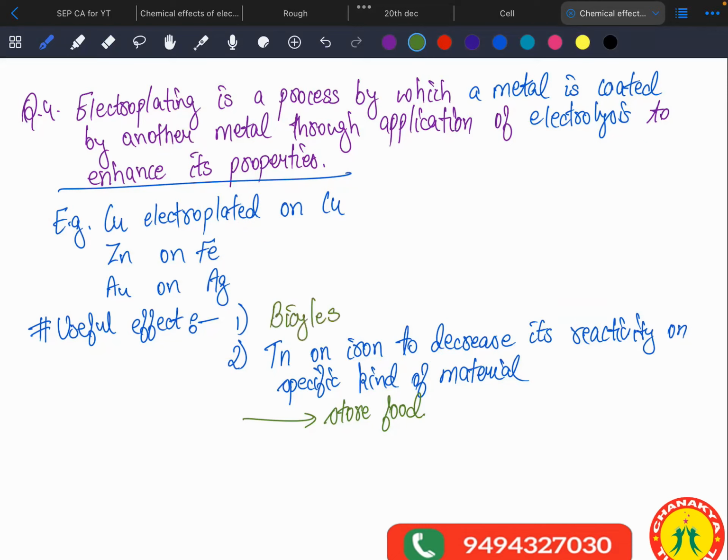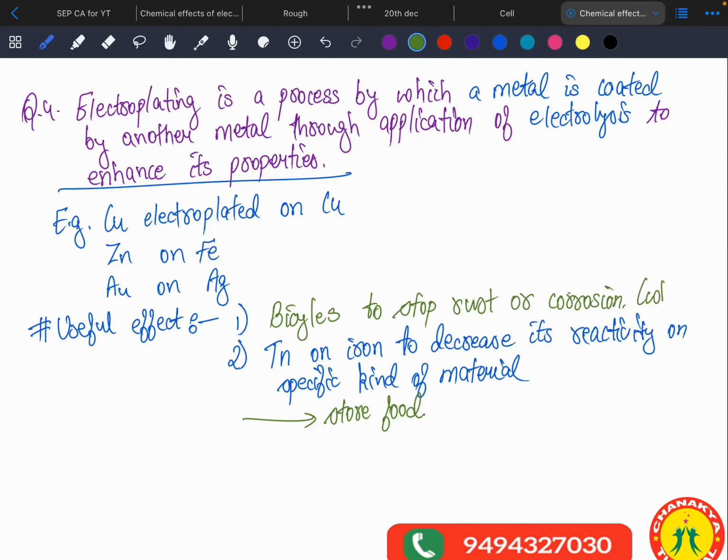Okay, the bicycles we are using. So electroplating is done on the handles of a bicycle, isn't it? Also the wheels itself. Yes, sir, on the wheels also, and on the handles, to stop rust or corrosion.